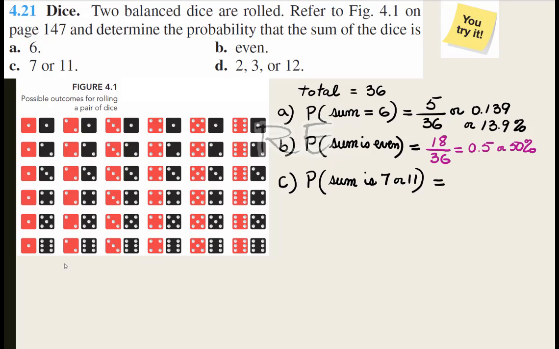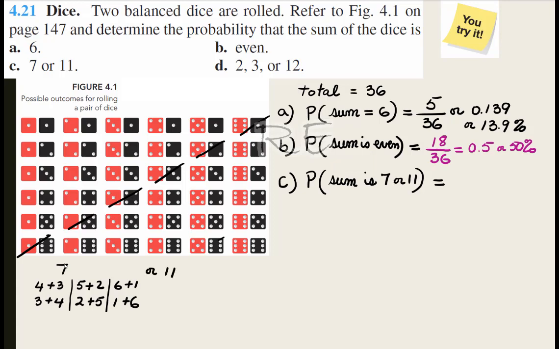Now, the combination for 7 will be 4 plus 3 or 3 plus 4, 5 plus 2 or 2 plus 5, 6 plus 1 or 1 plus 6. We have 6 of them. They are located on this diagonal: 3 4, 4 3, 5 2, 2 5, 1 6, 6 1.